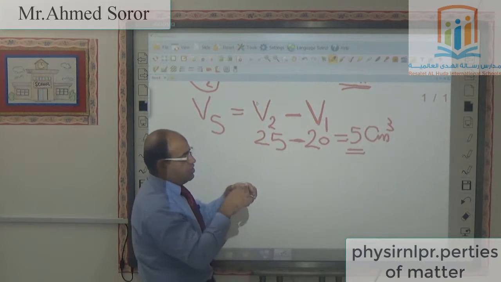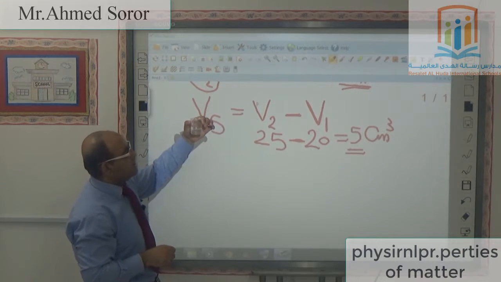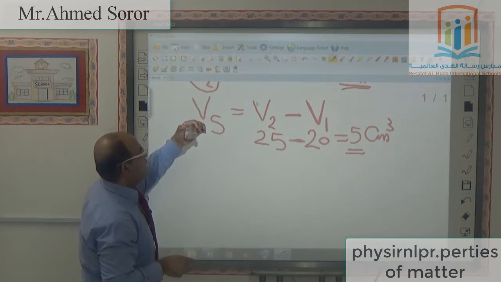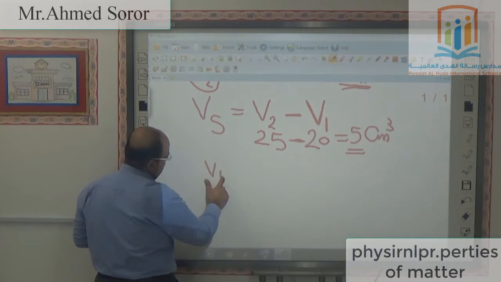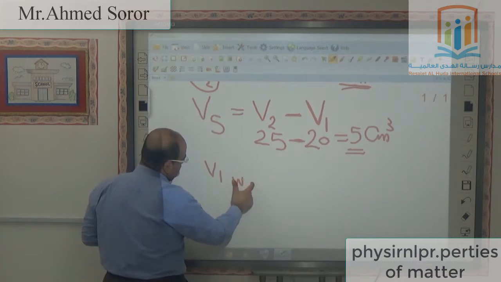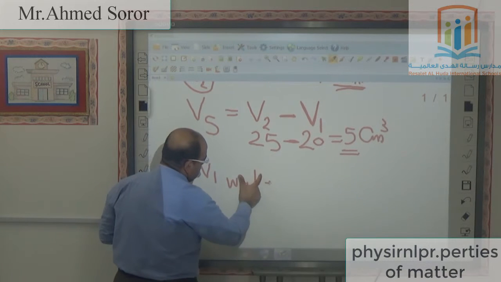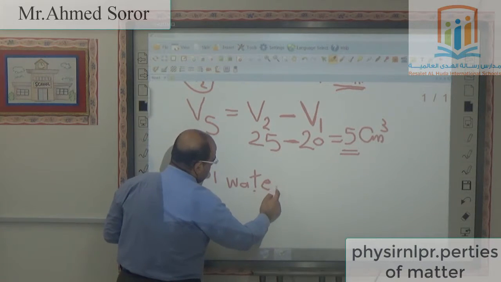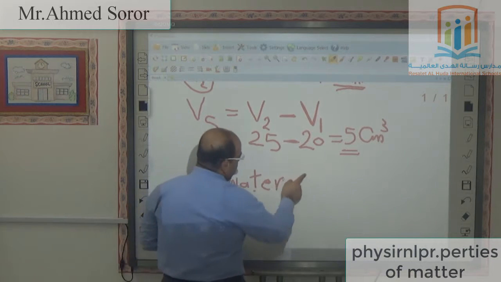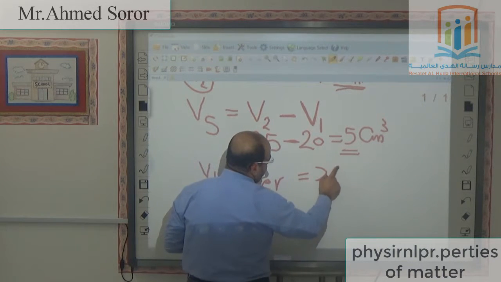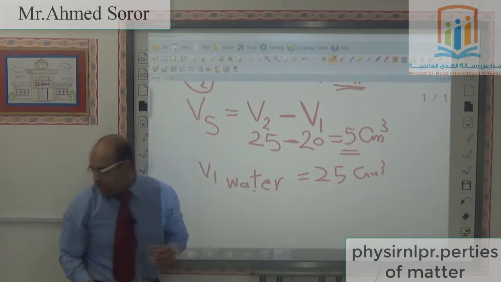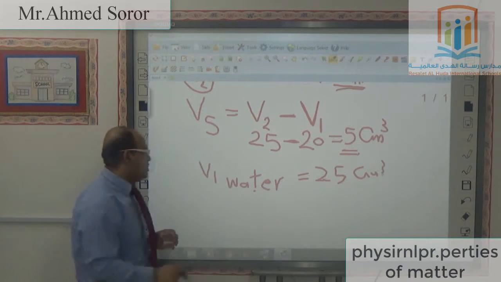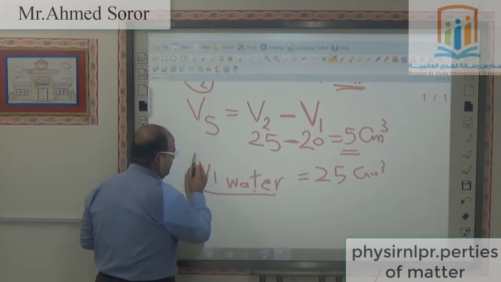The volume of water in this beaker equals about 25 cubic centimeters. This is the volume of water, V1.